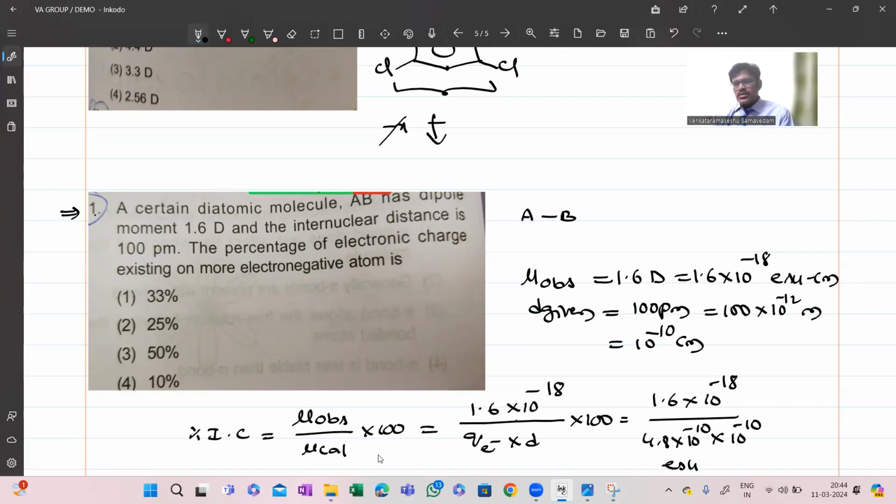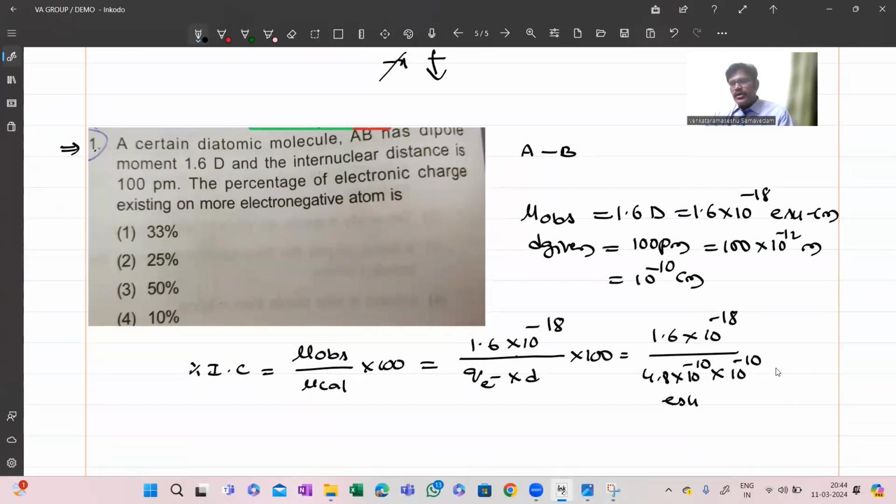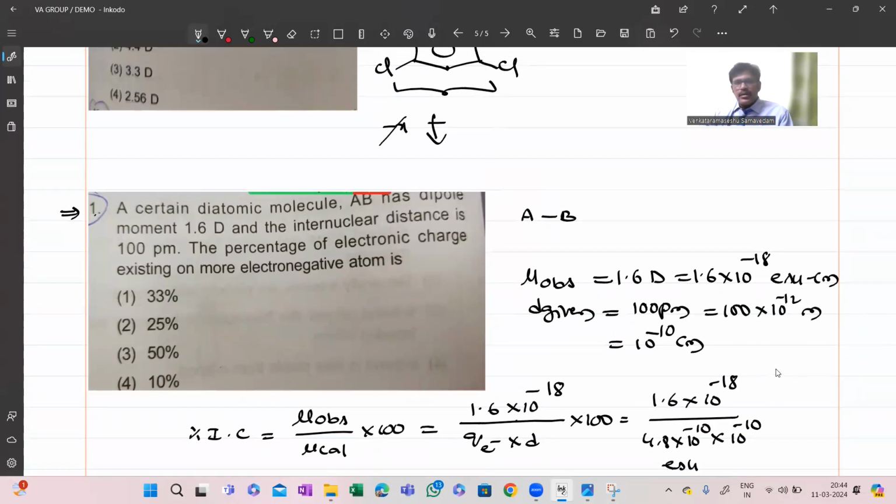So picometers, which is given 100. Just we have to find out 10 power minus 12 meters.